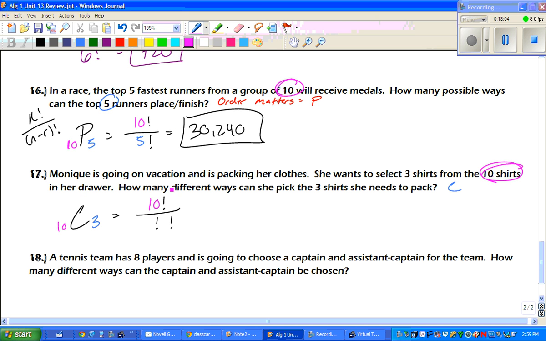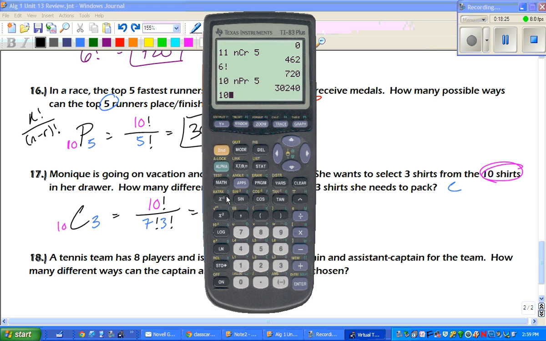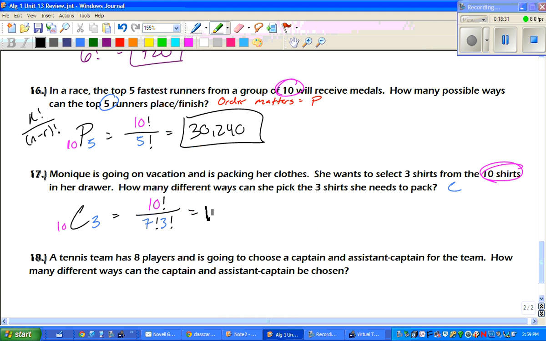So 10 on the top. 10 minus 3 is 7, and then we write 3. Remember, this is the work that you have to show on your quiz or on your test tomorrow to get all the points. So 10 combination 3, and we get 120.